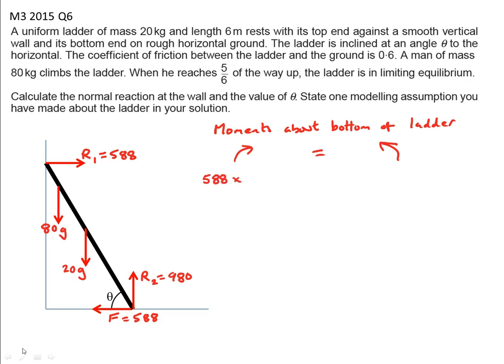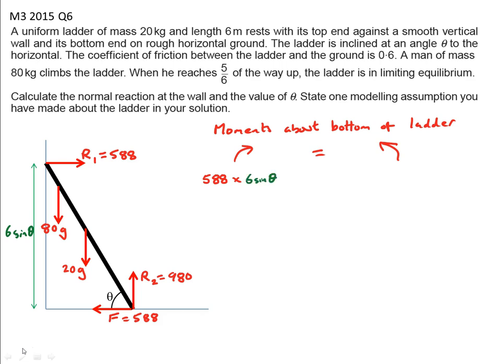So we've got 588 times the perpendicular distance between the line of action of the force R1 and the foot of the ladder. And that perpendicular distance is exactly the height of the top of the ladder from the ground, which is the length of the ladder times sine theta, so it's 6 sine theta.